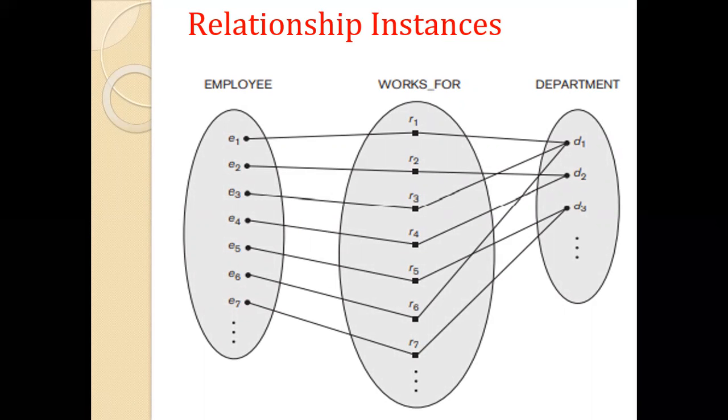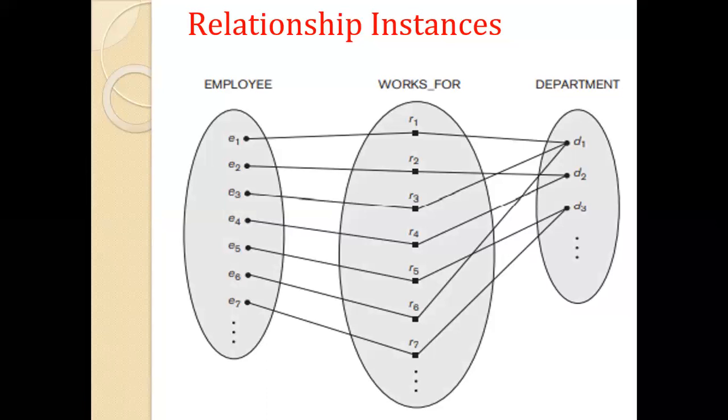So now we can say E1 related to D1 is one instance of the relationship works for. Similarly, E2 works for department D2. Then employees E2 and E4, they work for department D2. Such examples of current states of the relationship are referred to as relationship instances.